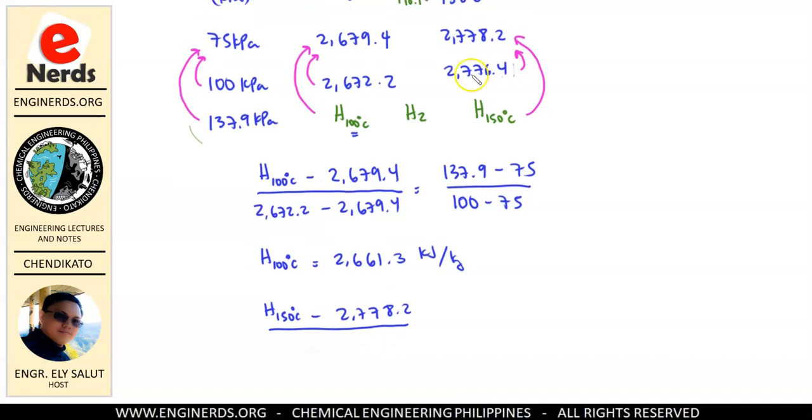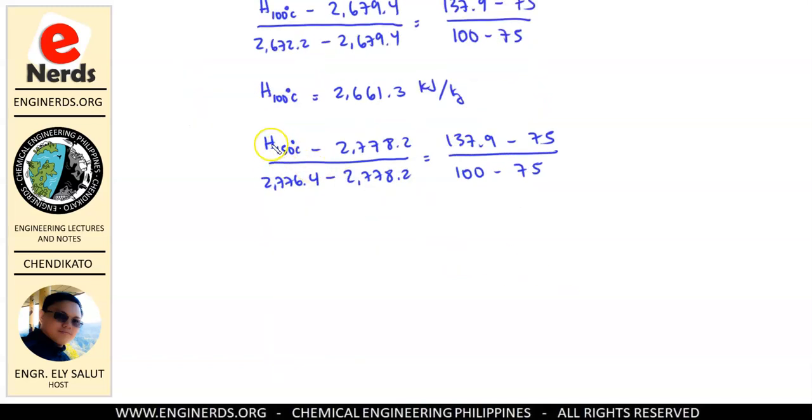So, we have 2,776.4 minus 2,778.2. Okay, so this is equal to 137.9 minus 75 over 100 minus 75.